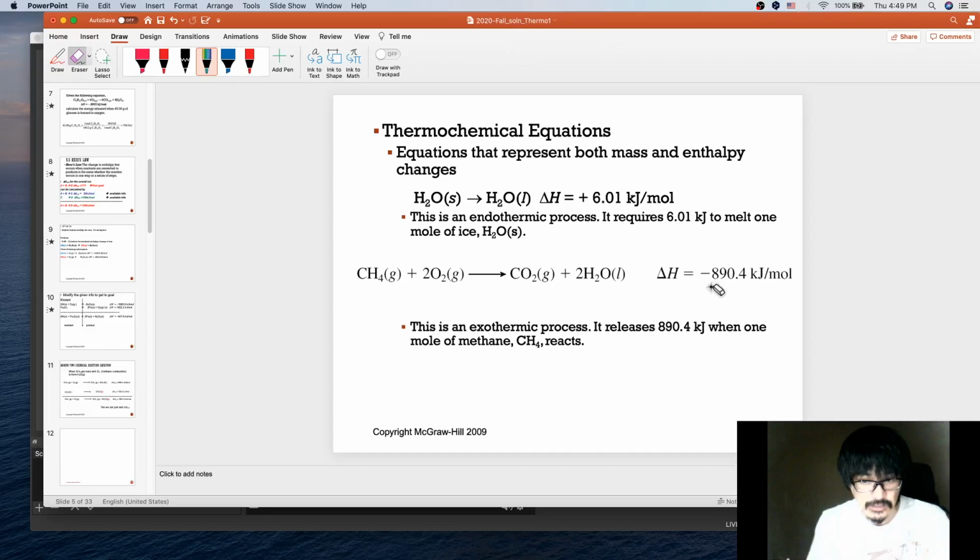That means heat is released outward from the system, which is the methane and oxygen in this case. That released heat is the stuff we see from the fire. It's the methane combustion that heats up the room.